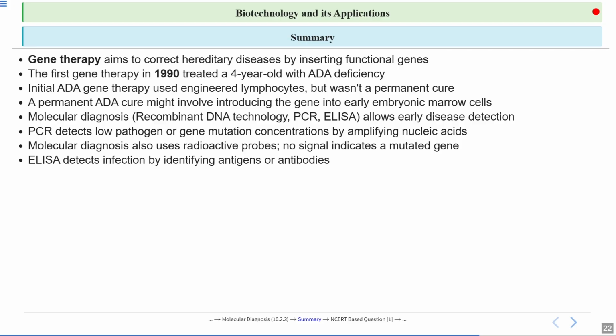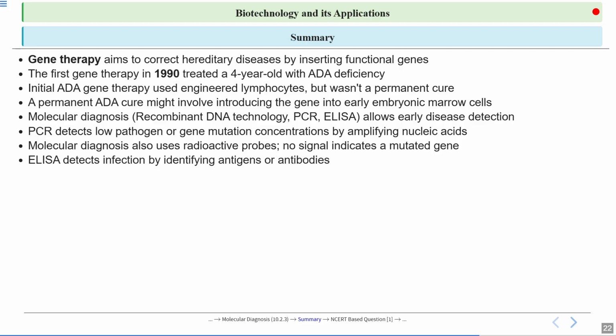We said okay, in this sample this will go and bind to that particular gene, but it didn't bind there. Why? Because there was some mutation, so there was no radioactive signal, because the probe is not binding to its complementary part, as the complementary sequence is no longer present due to the mutation. So this is saying that no signal indicates a mutated gene is there.